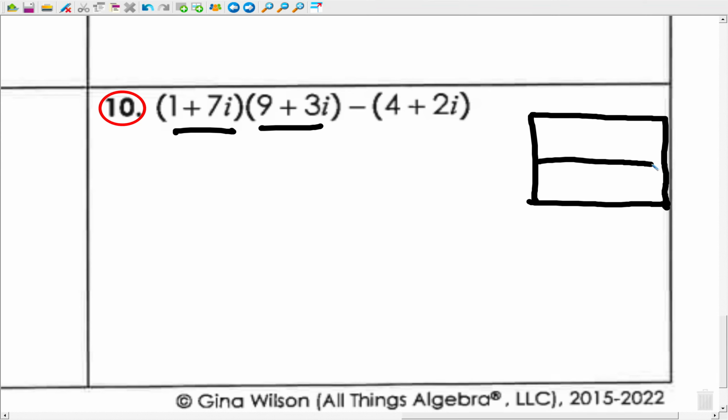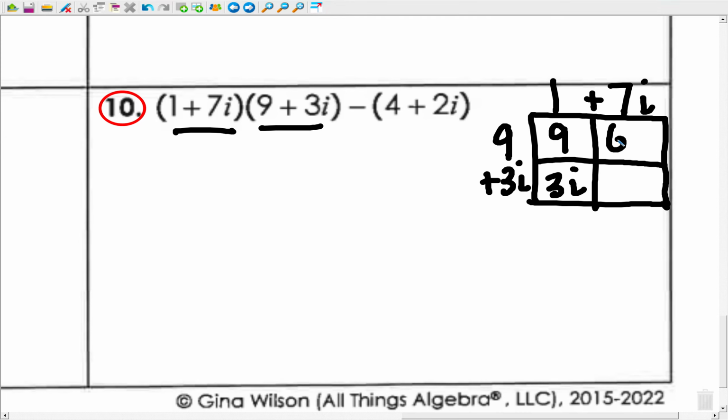So this is going to be 1 plus 7i on the top, and then 9 plus 3i on the side. Go ahead and start multiplying. 9, 3i, 63i, and then this is going to be 21i squared. You cannot leave i squared.